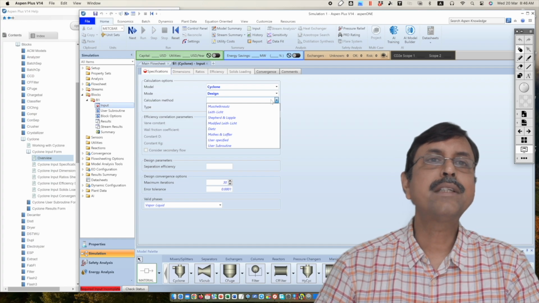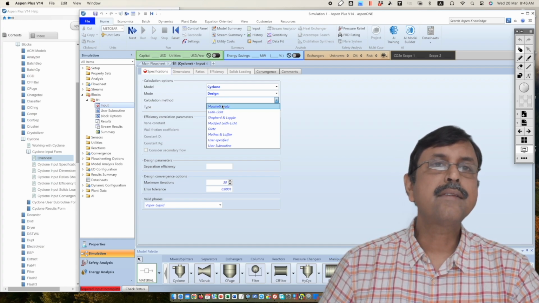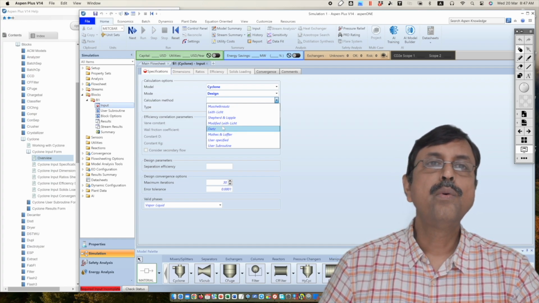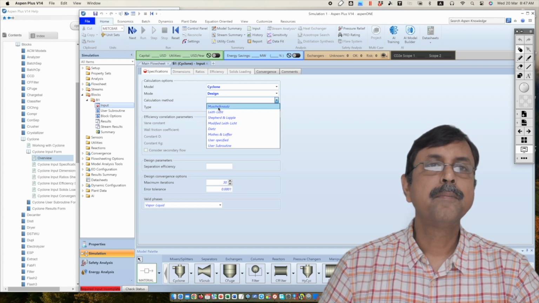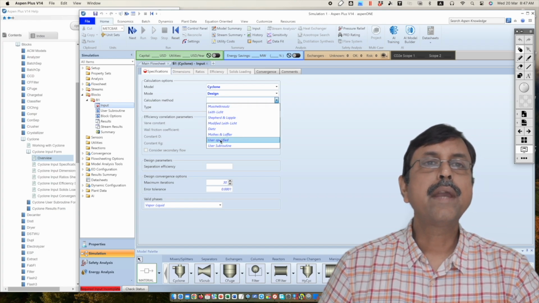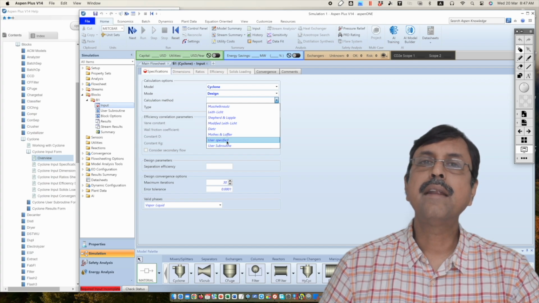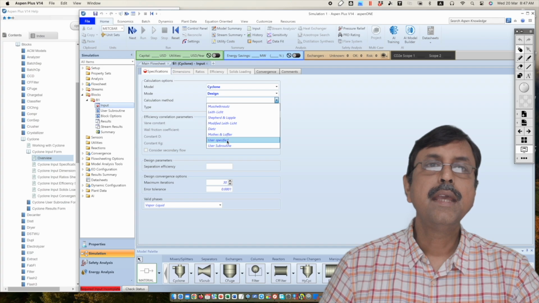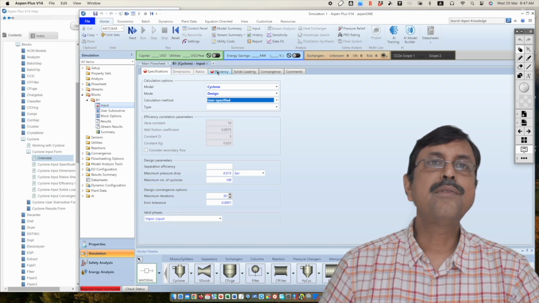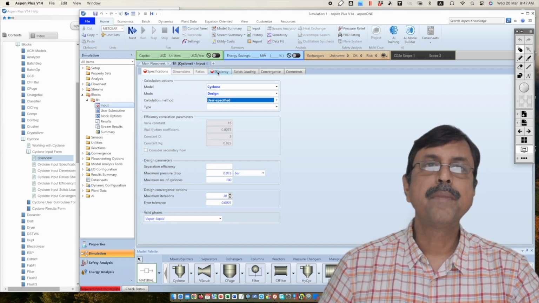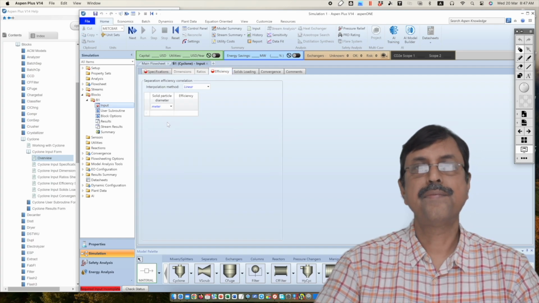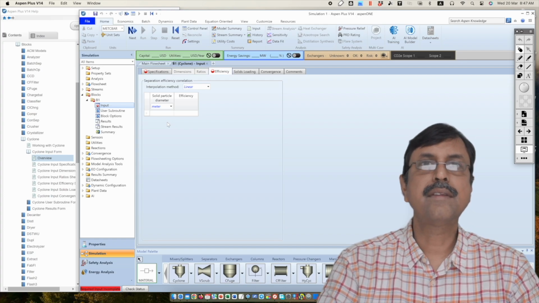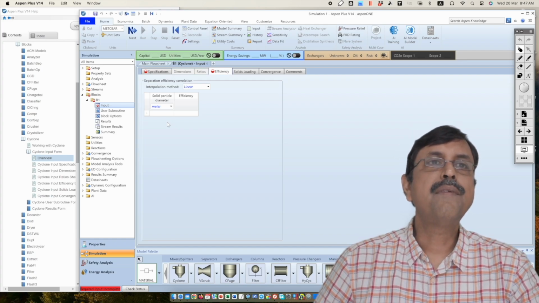Now in this calculation method, there are various models available which are there in the literature. Or you can use an user-specified model or user subroutine. In user-specified model, you have to provide an efficiency table. For instance, if you have a curve of the way that I have discussed a few minutes back, you will find the solid particle diameter and efficiency.